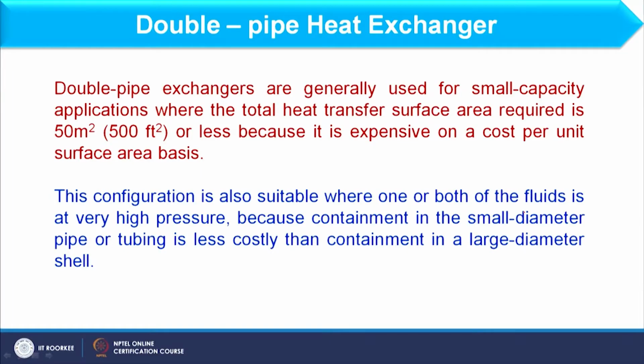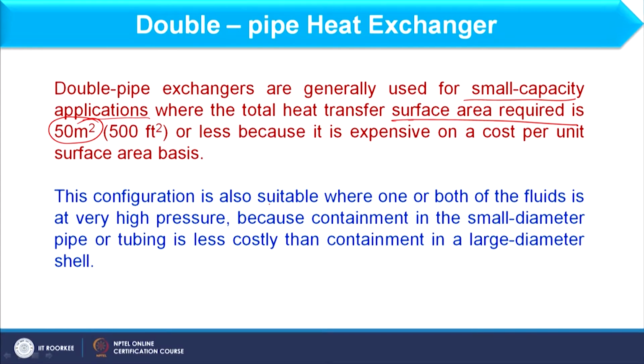And here we are discussing some more important facts about the double pipe heat exchanger. Double pipe heat exchangers are generally used for small capacity applications where the heat transfer surface area is around 50 meter square or less. Because though we are considering hairpins, it will still occupy a sufficiently large area on the floor in comparison to other heat exchangers, and therefore we do not use a double pipe heat exchanger for large load or very high load.